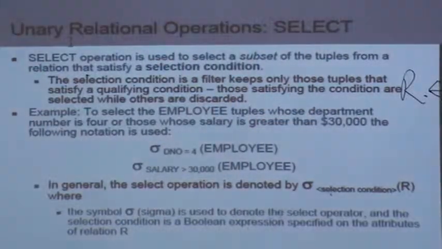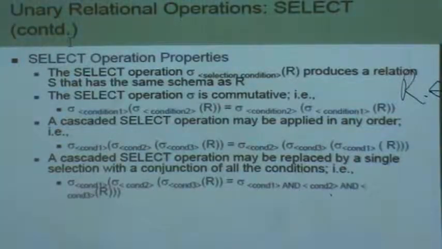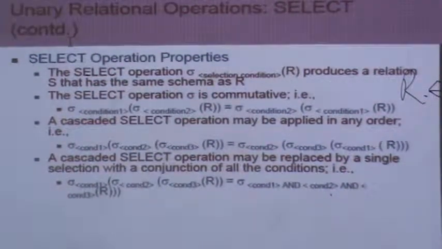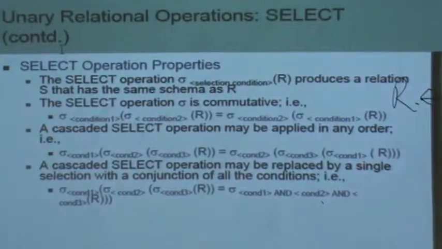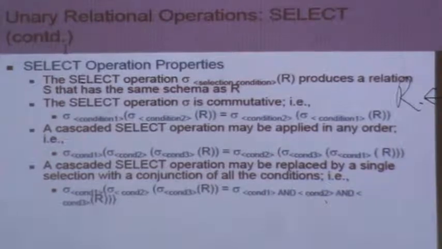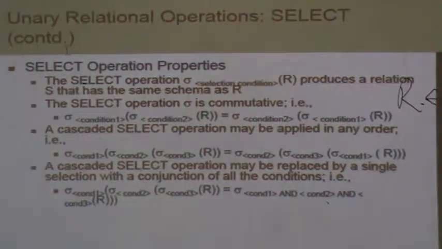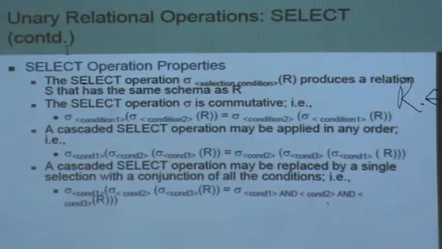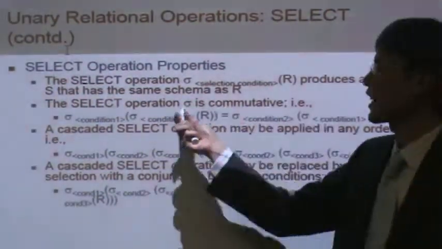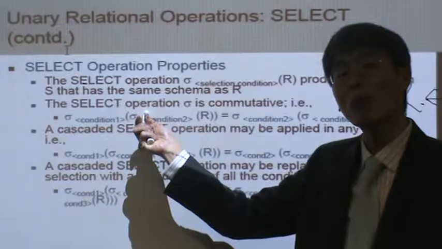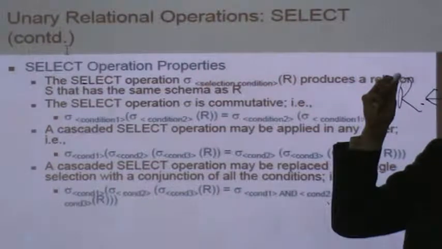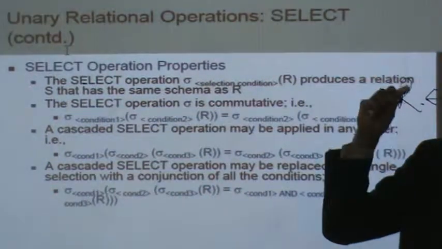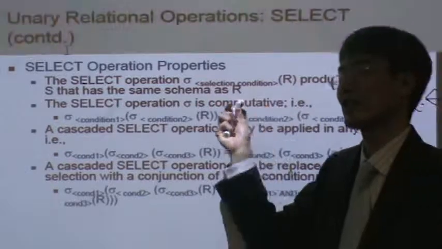In the select condition, as you can see, it's obvious that it is commutative, right? What is commutative? A plus B is equal to B plus A. So you can change the order. When you select the data, you can apply this one and this one, and it's the same thing in terms of output. However, it may be different in terms of performance, so later we will see such a difference.